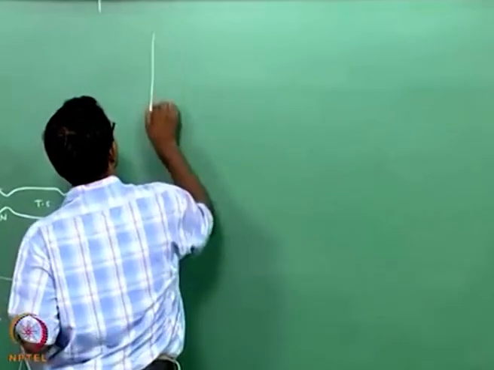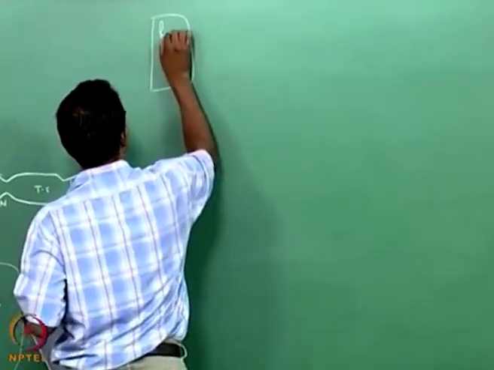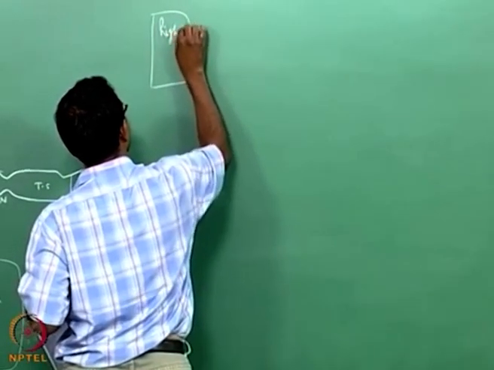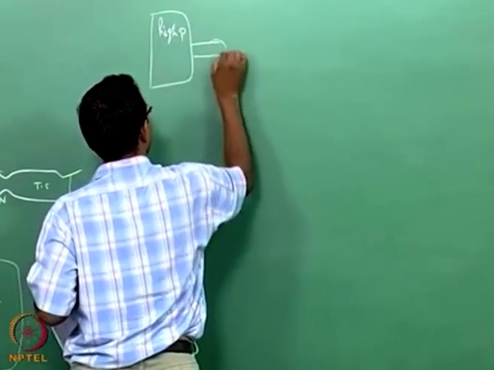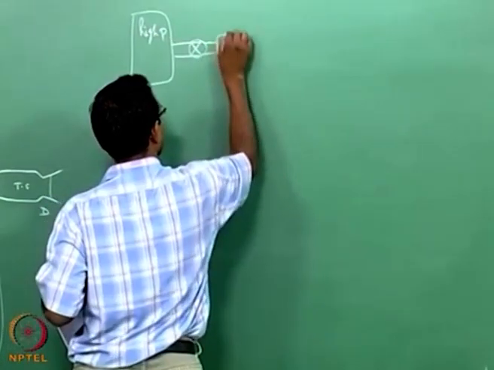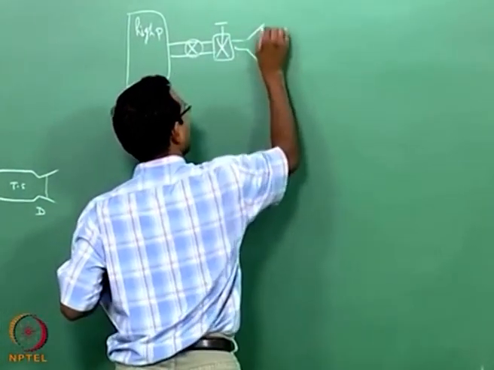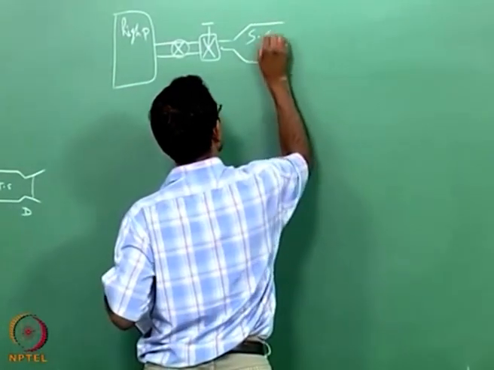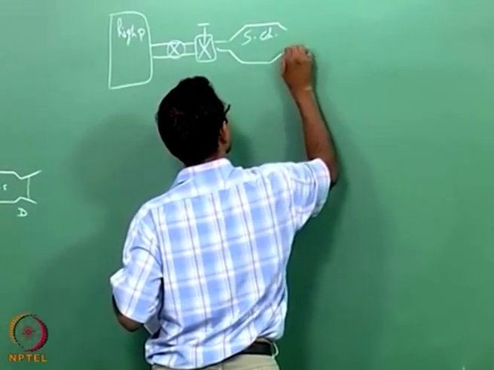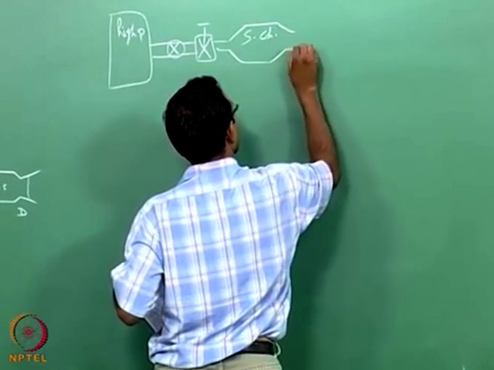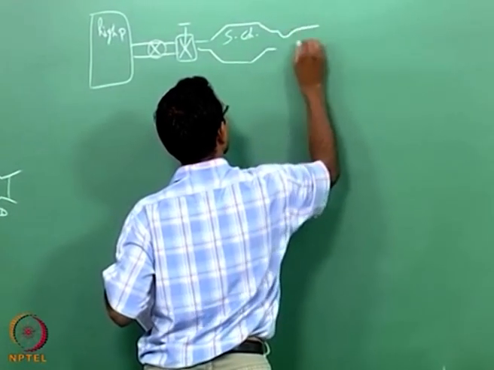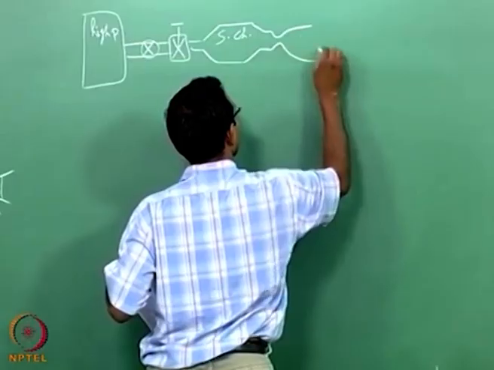Okay. That will look like this. I have a high pressure tank, I have similar design, I have a regulator, I have a settling chamber, and then I have my nozzle which is going to produce whatever flow.